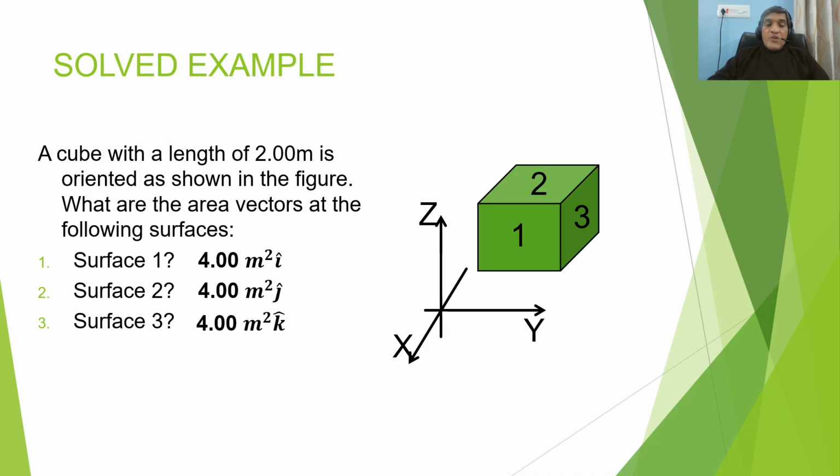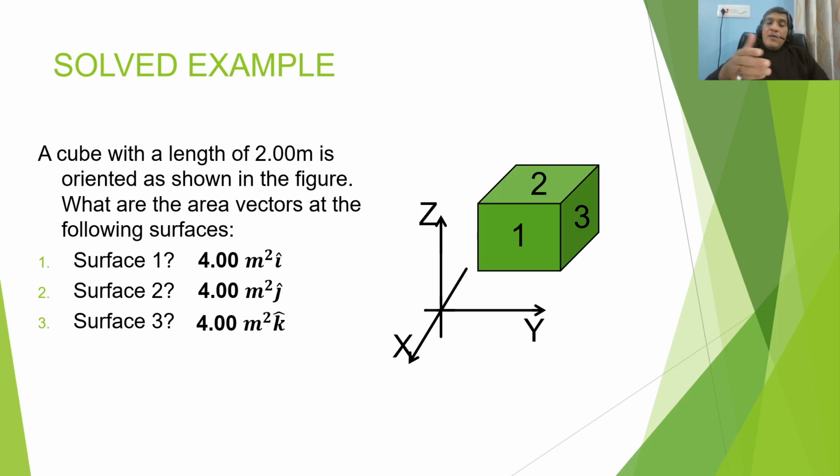The correct answer for surface 2 is 4 meter square unit vector k. Why have we taken unit vector k? The area vector just goes perpendicular out, and here it is in the direction of z, which we take as reference.